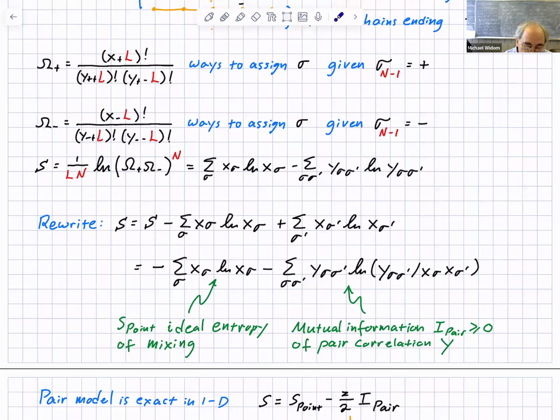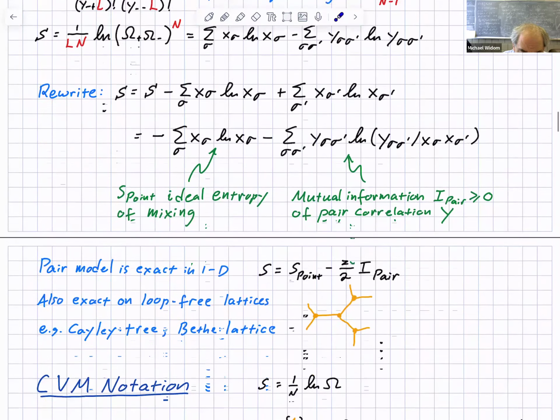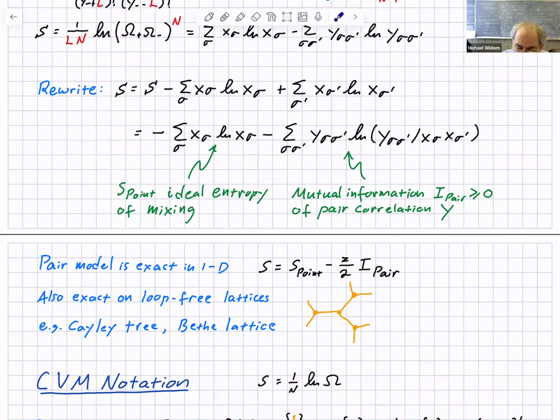And that's what I'm using here. Here we have thermodynamic entropy. Here we have Shannon information. Notice, by the way, that all of my entropies are in units of K Boltzmann. Okay, so that's the idea here.